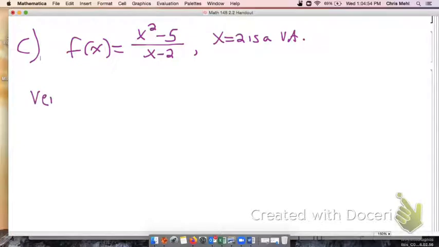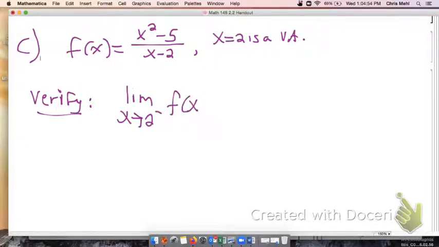So this is the part that on the test I would say, if I say to verify this, then I need to find the limit as x approaches 2 from the left or right. You only need one of them. And sorry, again, I don't want to write f of x. I can just use the function x squared minus 5 over x minus 2. Now again, what I want you to notice is, let me come off to the side.